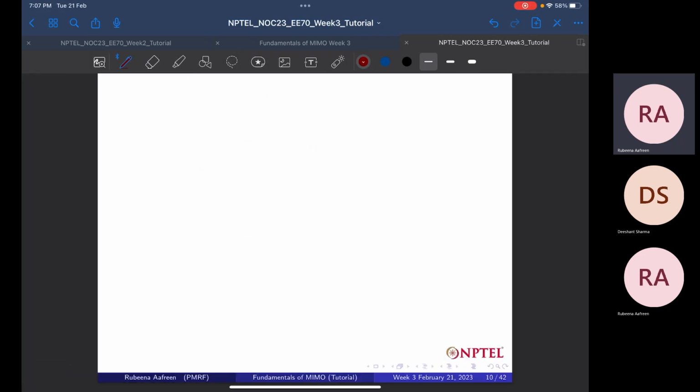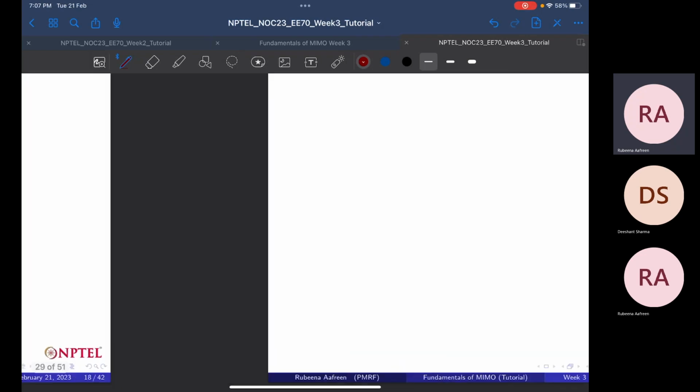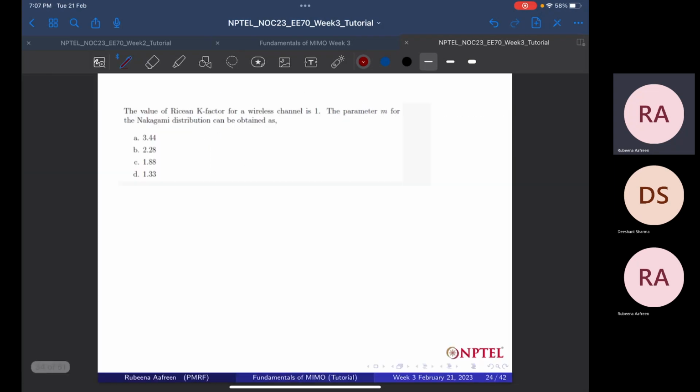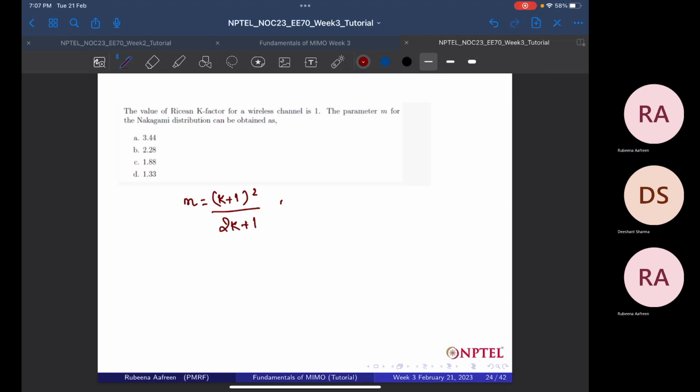So one more question we will see here. The formula is M is k plus 1 whole square divided by 2k plus 1. Now the K factor is given as 1. Can you tell the parameter M for Nakagami distribution?